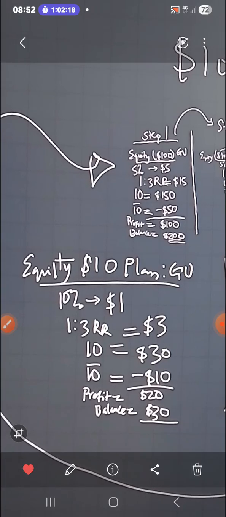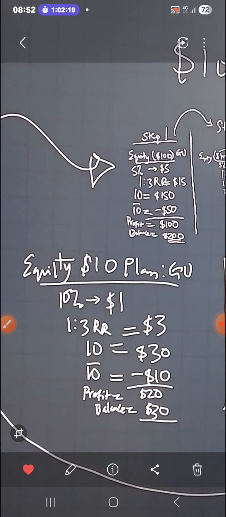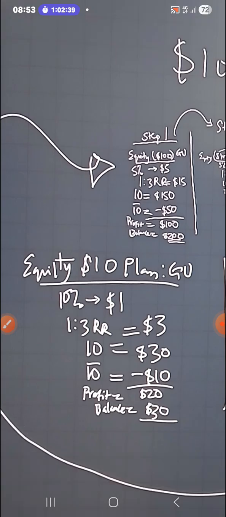conservatively trading a non-volatile pair like GU, that's GBP USD. The minimum ideal conservative risk would be 1%, but for a $10 account, we both know that the minimum lot is a micro lot, which is 0.001, and that is risking $1 if you are using 10 pips of SL.